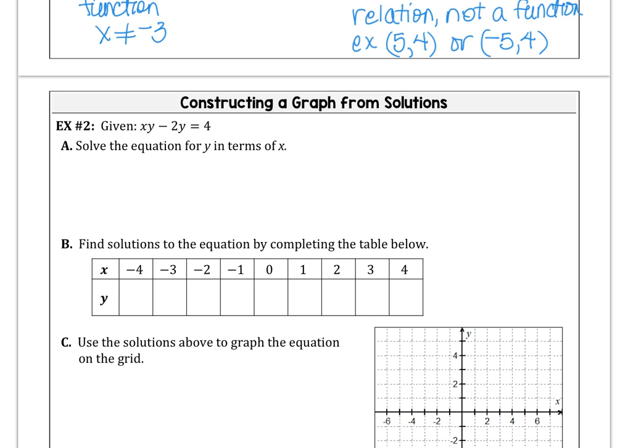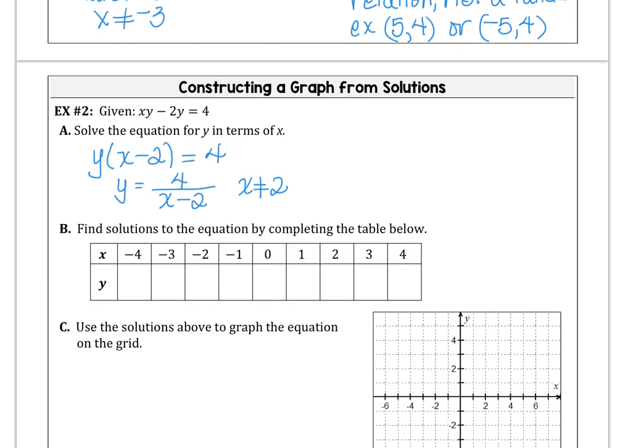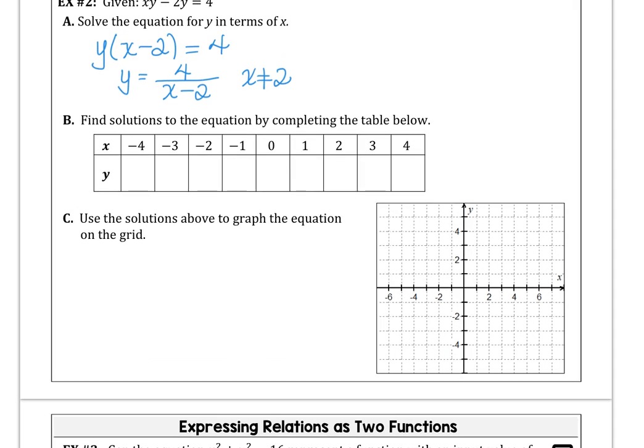We're factoring out a y in both terms, so that leaves the factor x minus 2, and then y is the rational function 4 divided by the quantity x minus 2. x can't be 2. That's a vertical asymptote on our graph. We can sketch that in because this is undefined.